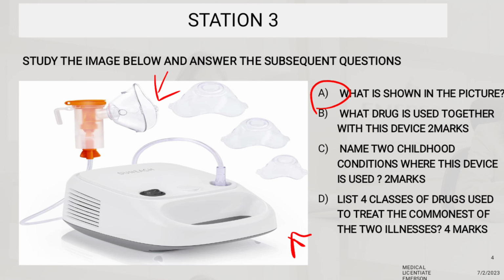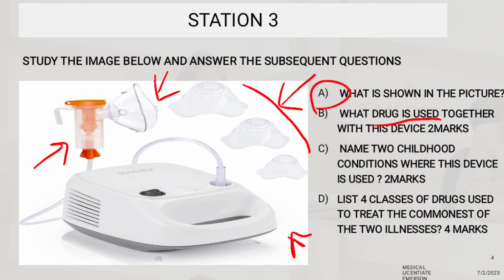So these are just pictures for the things we attach on the nebulizer, which makes up the face masks in short. Then this is where we put our drugs when using together with this device, which is the next question we are talking about.